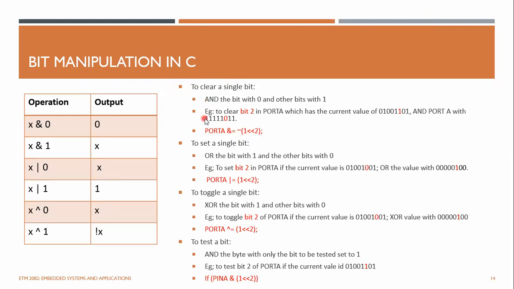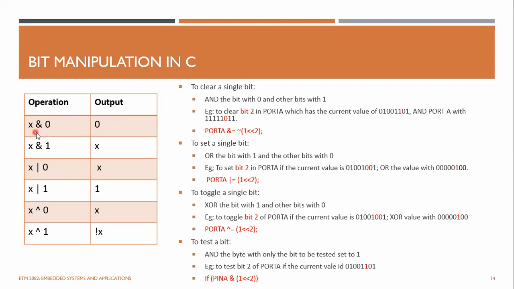So now let's say, as you know, any port has 8 bits. If you want to clear a single bit, you have to deal with AND operations. Before that, let's take a look at the Boolean operation. It is very simple.